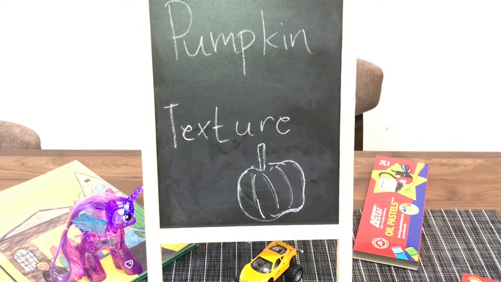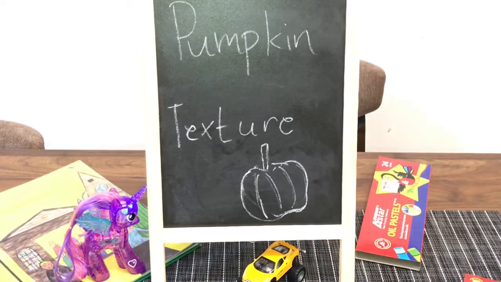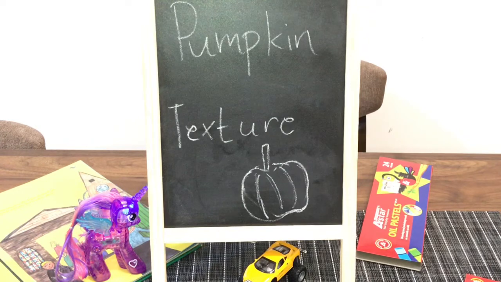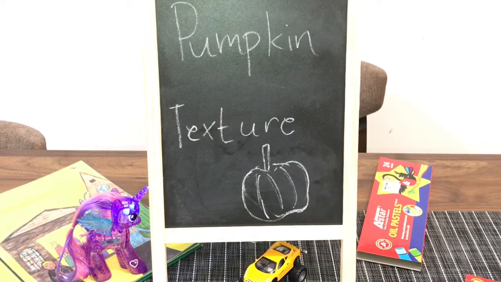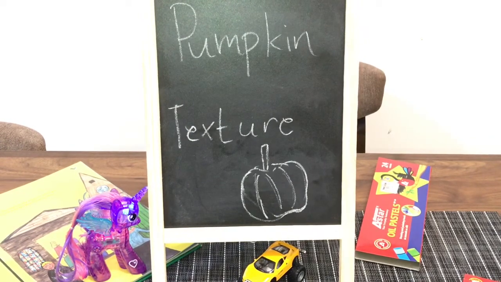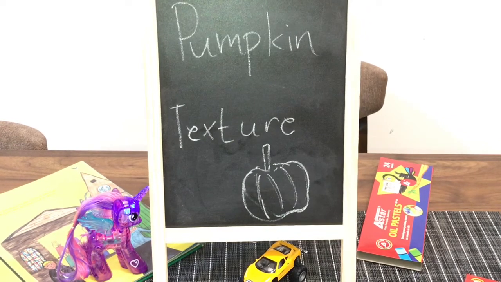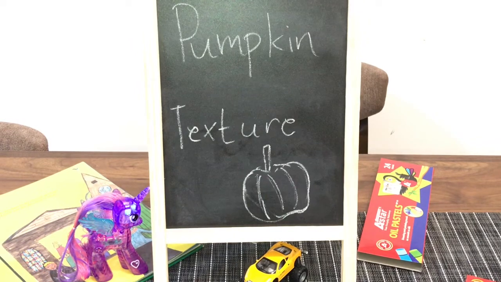Okay, for today's art lesson, you need to be able to produce an artwork which contains the pumpkin texture. You need to draw the pumpkin, a whole pumpkin, with its texture. How are you going to do this? You're going to use two elements.